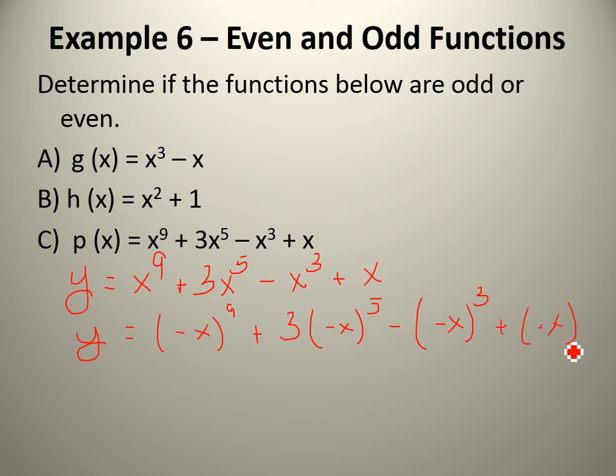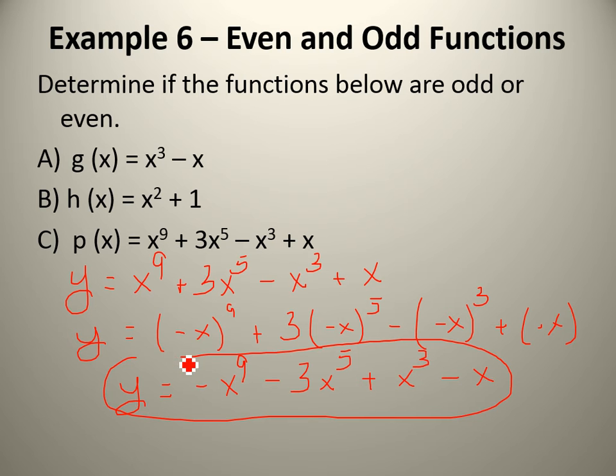And when I simplify this, I get y equals negative x to the 9th, this would be minus 3x to the 5th, this would be plus x cubed, and then this would be minus x at the end. So I think you guys can clearly see here that this is not the same as the original, so we would say that this graph is not even.